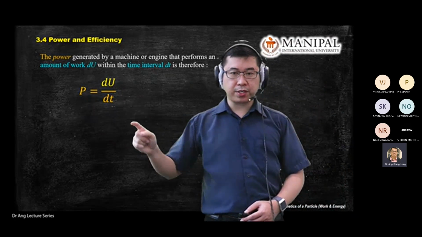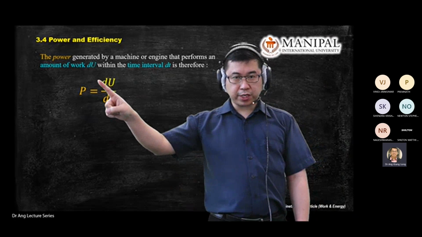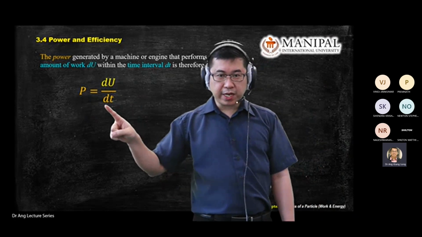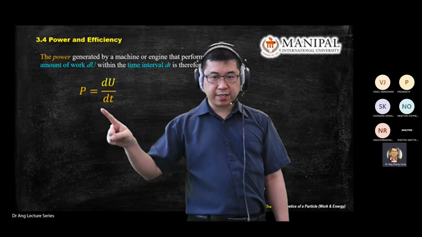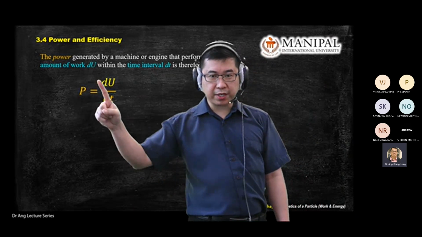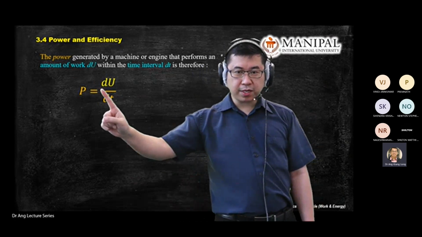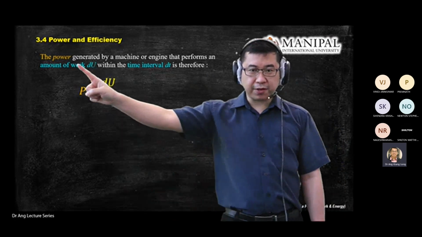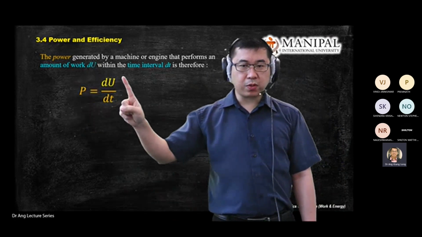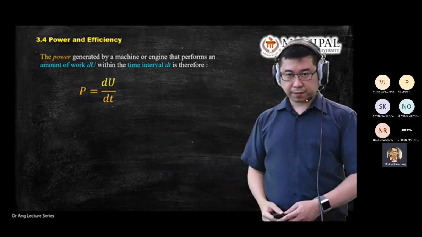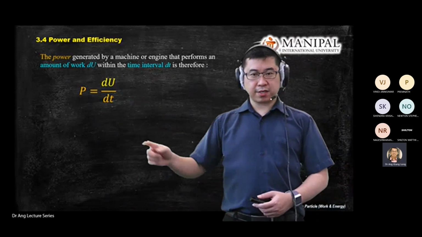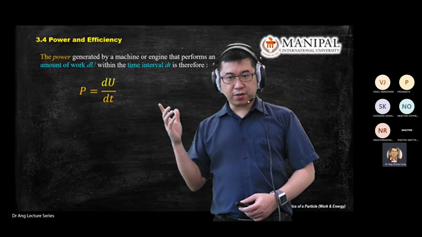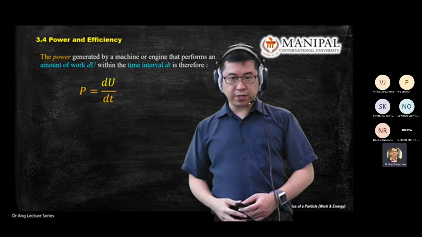This is a differential equation: small changes of work divided by time. You can move dt to the left-hand side, P dt = dU, and do integration. The change of work equals P multiplied by time. But anyway, this is the fundamental for power: power equals dU over dt. We already explained how to find work. This is basically just a derivative with respect to time.